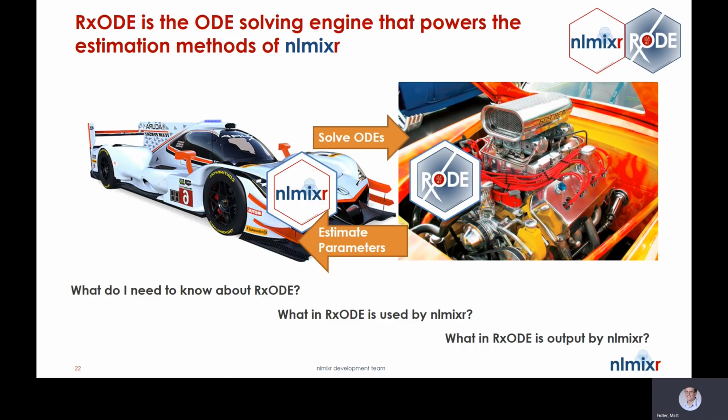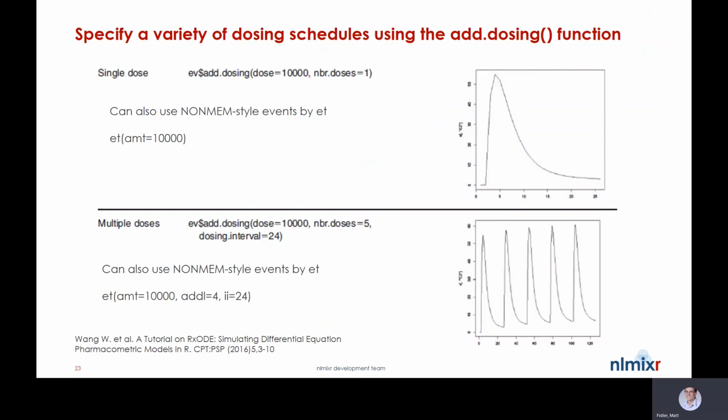RxODE is the ODE solving engine that powers the estimation methods of nlmixr. So RxODE solves the ODEs, and nlmixr uses that information to estimate parameters. So the question becomes, what do I need to know about RxODE? What in RxODE is used by nlmixr? And what RxODE is output by nlmixr?